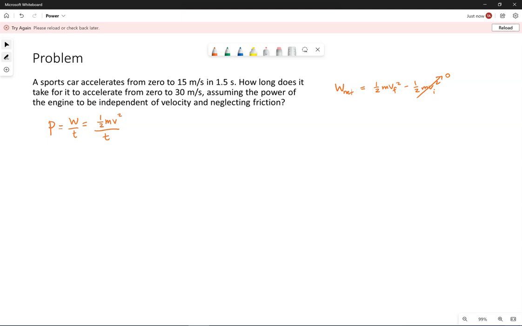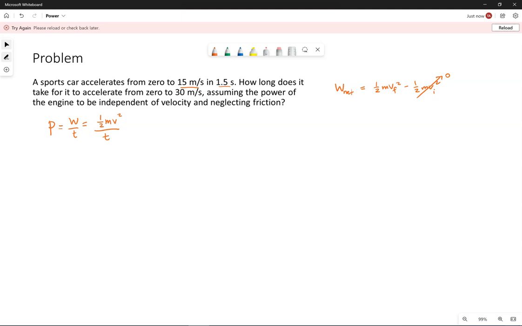Since we're assuming the power to be independent of velocity and neglecting friction, we're essentially just assuming the power to be the same, regardless of the 0 to 15 meters per second versus 0 to 30 meters per second. So we could totally plug in this 15 meters per second and the 1.5.